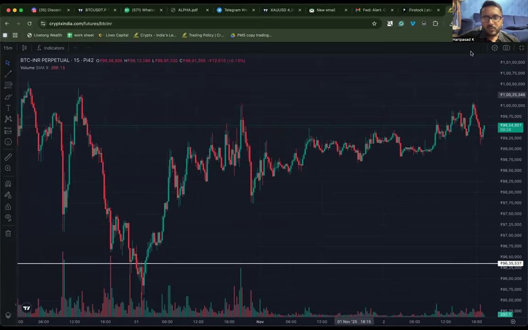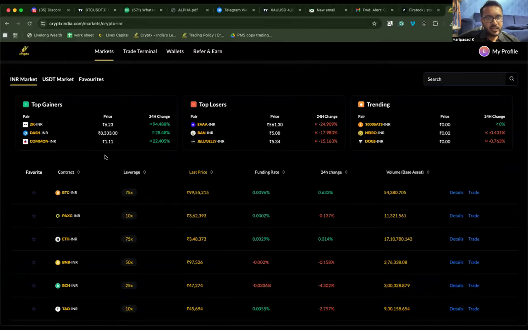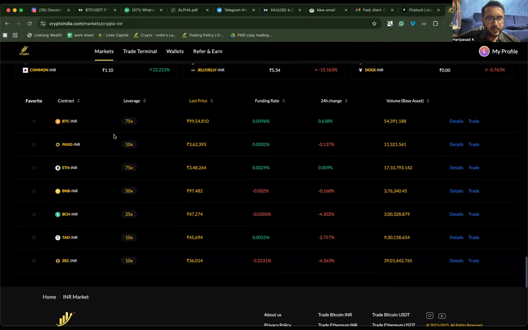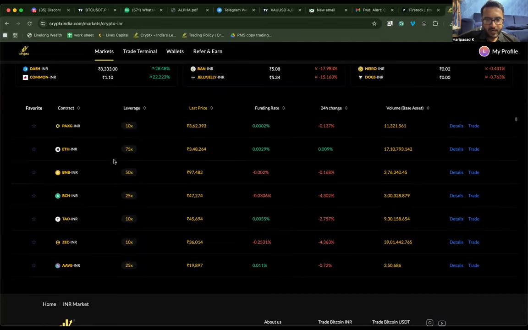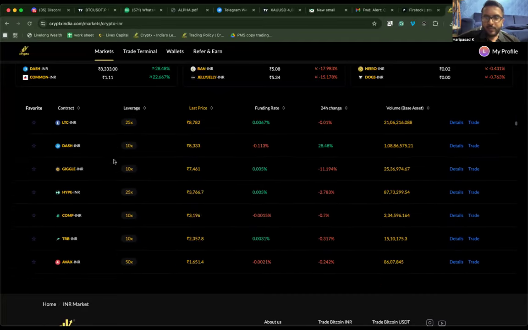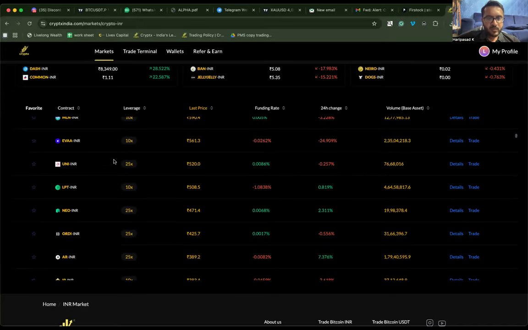So let's take out the charts of BTC INR. As far as our platform is concerned, if I have a look at the market section, I get to see the list of available pairs for trading, from BTC INR to what not. Almost all the pairs that are there in crypto are available for trading on our crypto exchange.